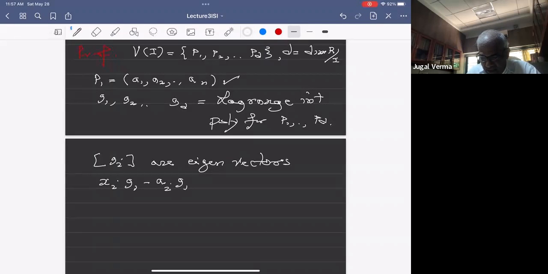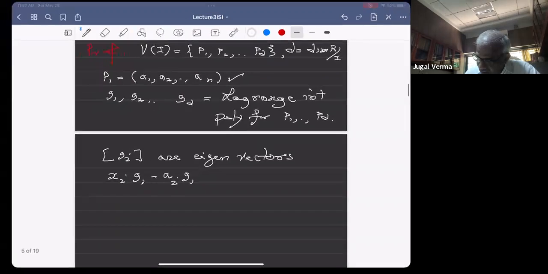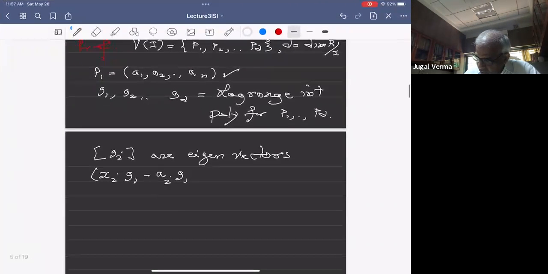So take x_i g1 minus a_i g1 and calculate this at the point p1. This is x_i g1 computed at p1 minus a_i g1 computed at p1.